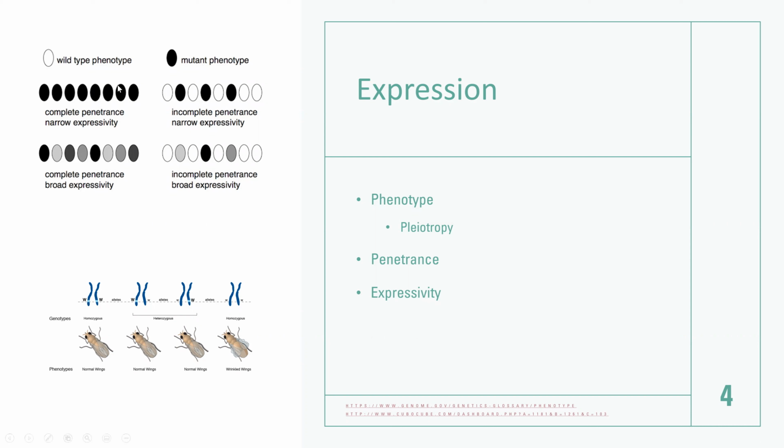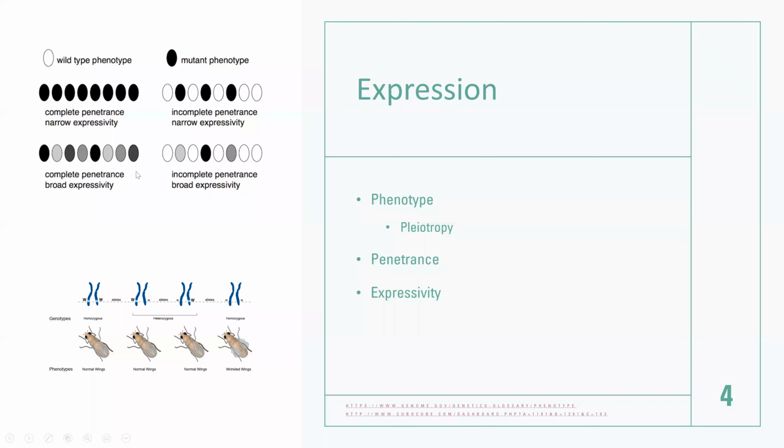So if we look at the image in the top left section, everyone that has the mutant allele shows it. That means it's completely penetrant because everyone that has it shows it. But since there's not a range of how strongly that black mutant color is, it's called narrow expressivity because everyone has the exact same level of expression of that gene.